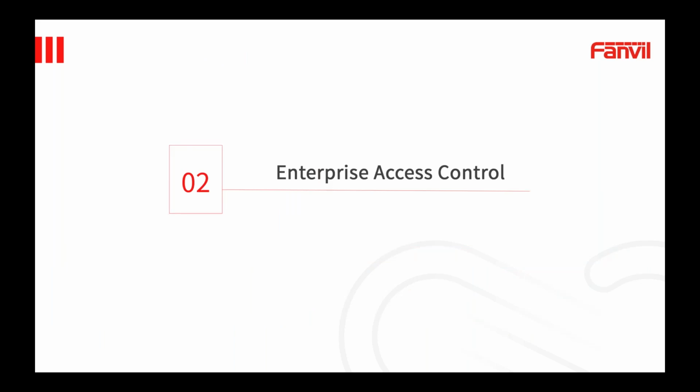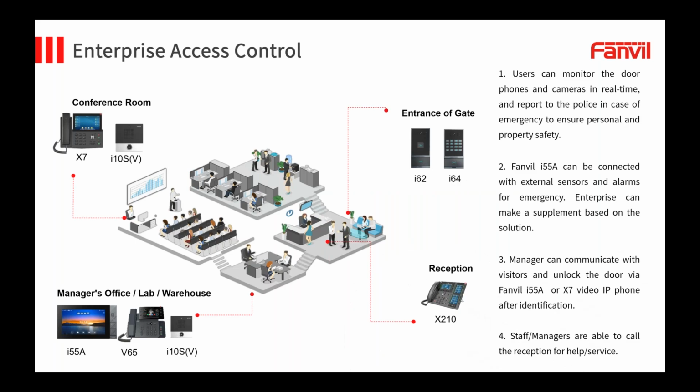Different scenarios match different solutions. For the enterprises, we suggest the following choice about it. As shown in the image, we applied X7 IP phone and i10 series intercoms to a conference room, and for the manager's office, lab, and warehouse, we use indoor stations, I55A and V65 IP phone.